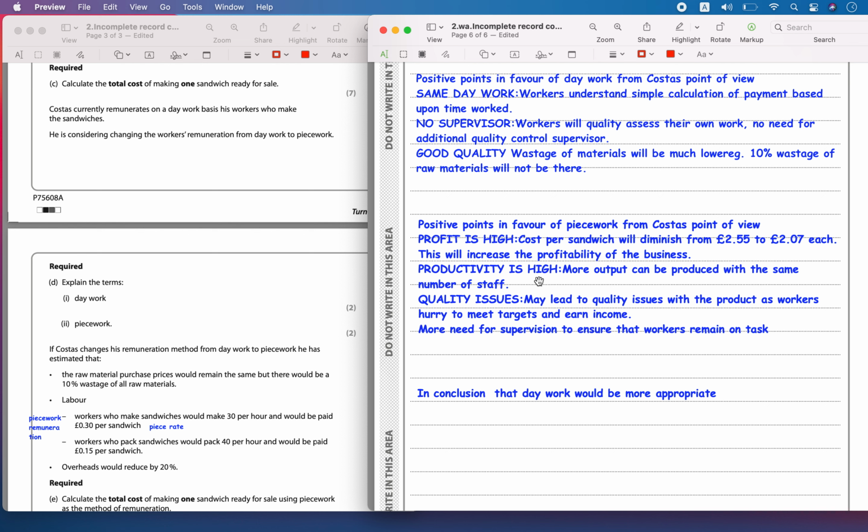They are able to produce more pieces, 2700 pieces, and also quality issues might occur with the product when they are trying to produce more, so you might have to hire a supervisor to ensure the workers remain on task. In conclusion, you can just say that piecework would be more appropriate if you're not worried about the quality.